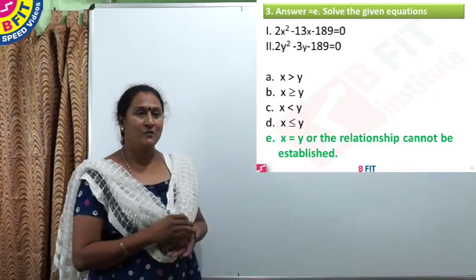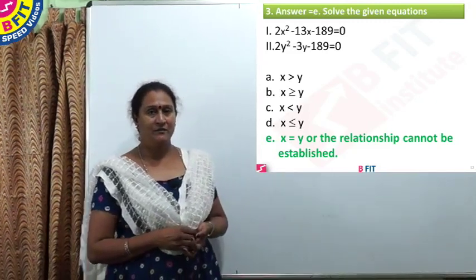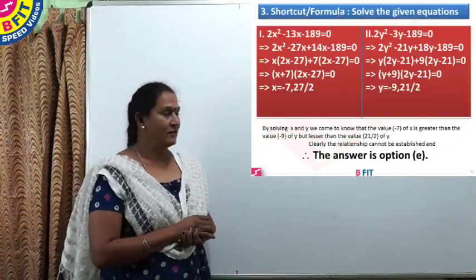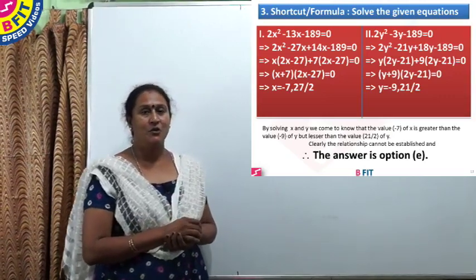So the answer is option E, where the relation cannot be established. According to the working, it is clear that the relation cannot be established, and the answer is option E.